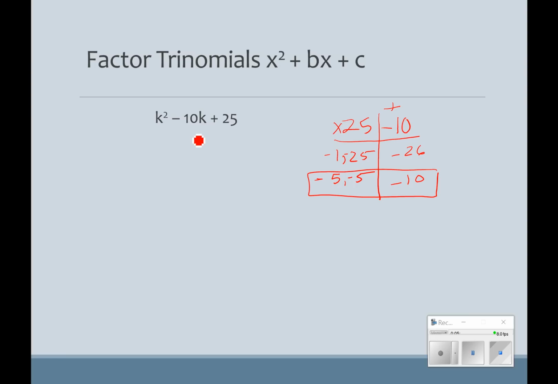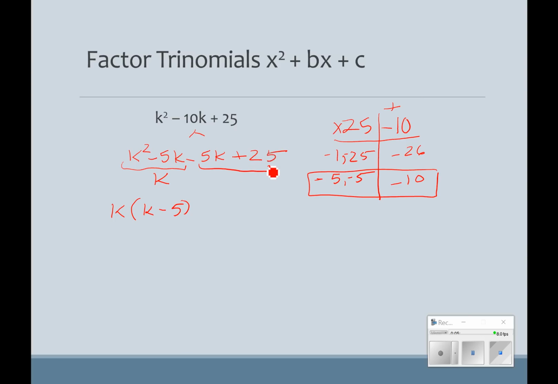So we're going to split that middle term, and we're going to get k squared minus 5k minus 5k plus 25. When I factor this out, I'm just going to factor out a k. So k, when I factor out of the first, is k minus 5.